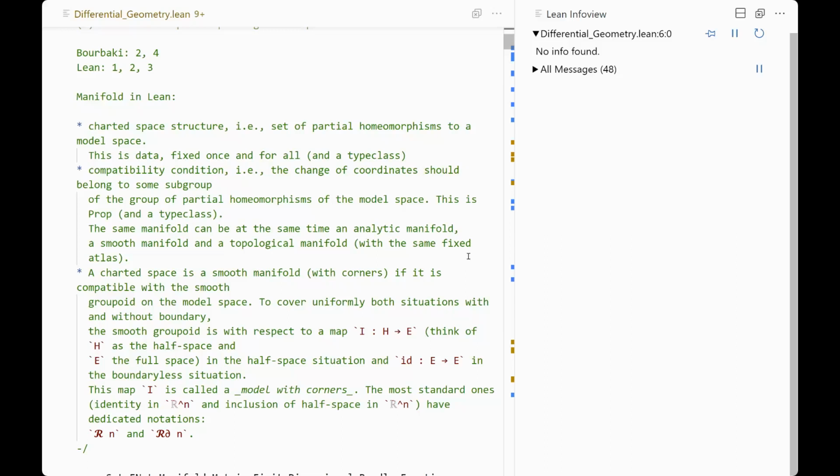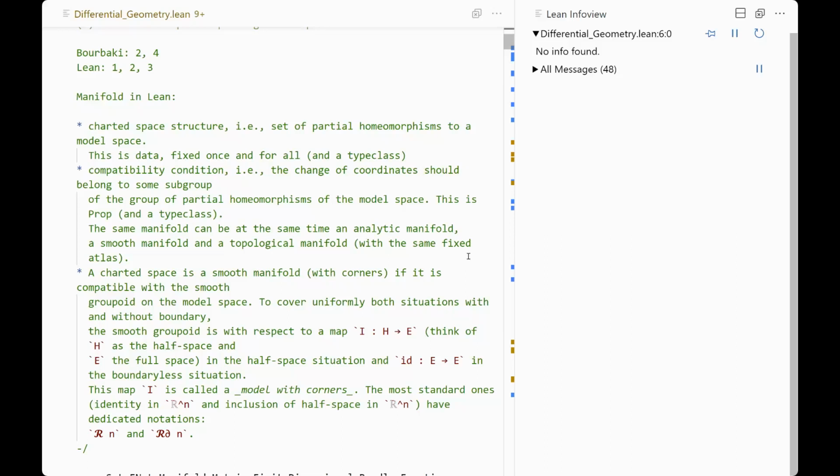So for a topological manifold, there's no required compatibility conditions between the charts, but for smooth manifolds, we need to know that if we take two charts, and we take the function from one chart into the manifold, and then on the intersection go back to the space, then that composition is smooth for smooth manifolds, or analytic for analytic manifolds, or whatever other condition you want.